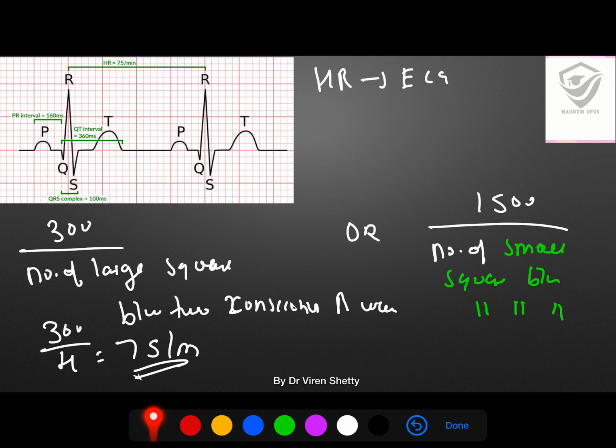So if there are 4 large squares, how many small will it be? 4 into 5, 20. So the number of small squares is 20. 1500 divided by 20 is also 75. So the heart rate is 75 per minute. This way you will calculate heart rate. An MCQ can come like this for you.